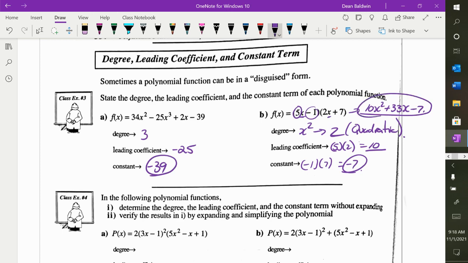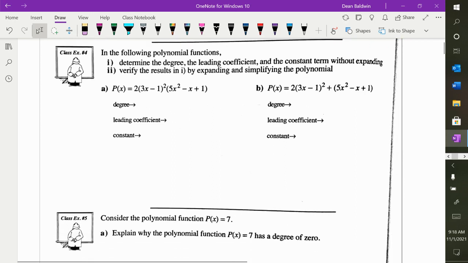Okay, let's make it a little trickier. We're not going to multiply them out, but we're going to figure out the degree, the leading coefficient, and the constant term. So, what is the degree of this polynomial? 4, exactly, because it's x to the power of 2 times this x squared.